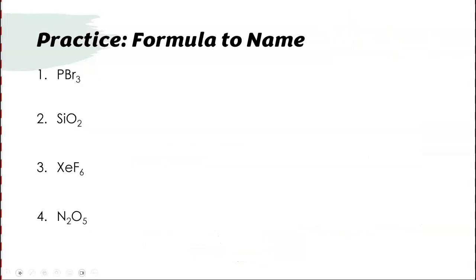So let's do some practice. Here we have a phosphorus and we have bromine, and there are 3 of them. So phosphorus, and again, we don't say mono because it's the first one, and then tribromide.